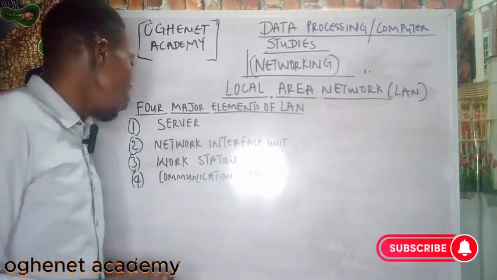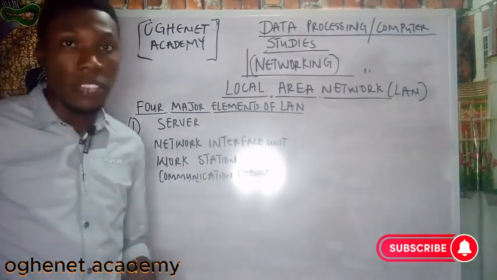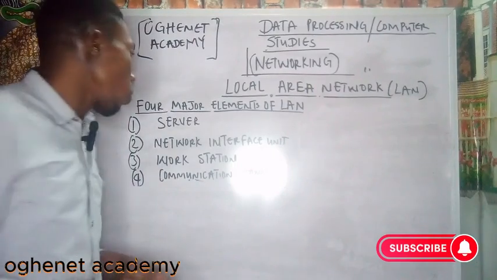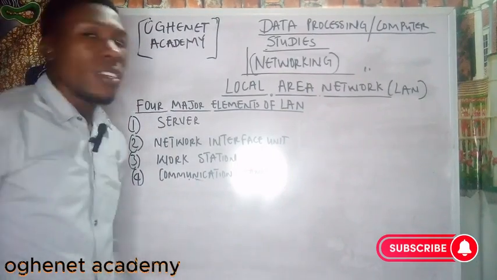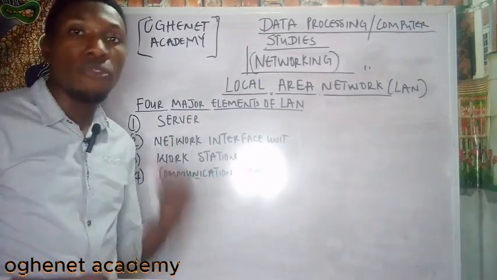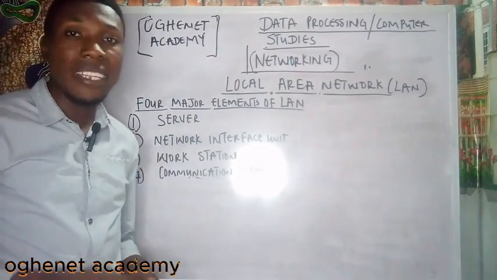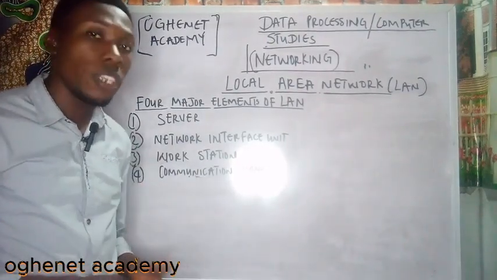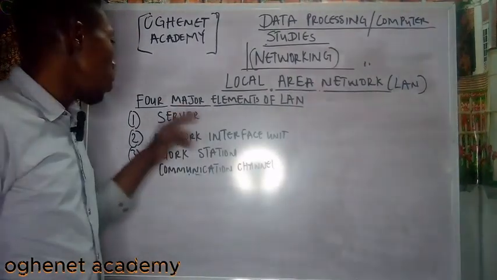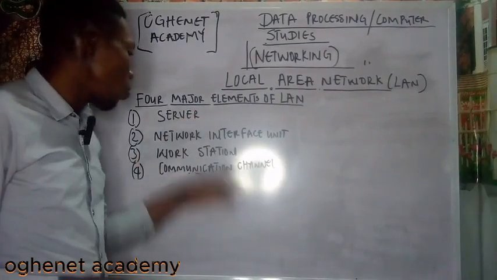Now, in the last tutorial where I dealt with the workstation, you remember when I talked about the fact that the data has to be converted to a signal for it to be passed on from the server to the workstation.